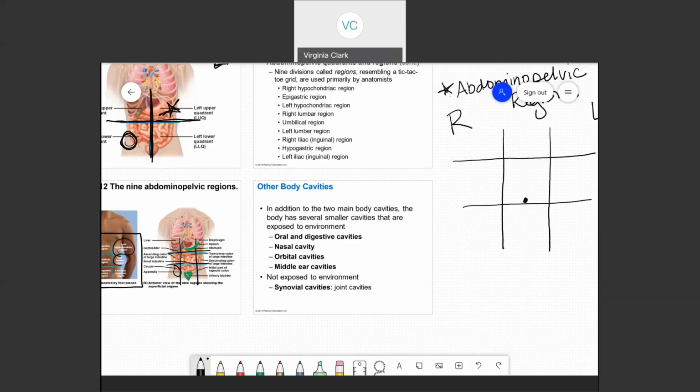I believe it is Activity 1, Activity 2. We are not doing Activity 3. So it's Activity 1, Activity 2, I believe Activity 4, and Activity 5. But 1, 2, and 4 are the primary ones for you to focus on for lab.